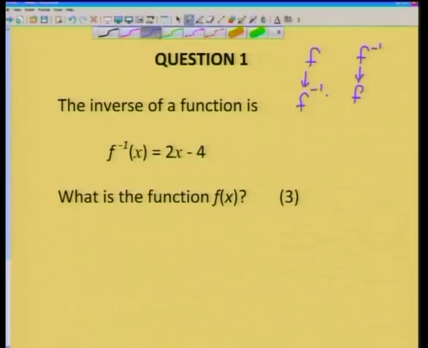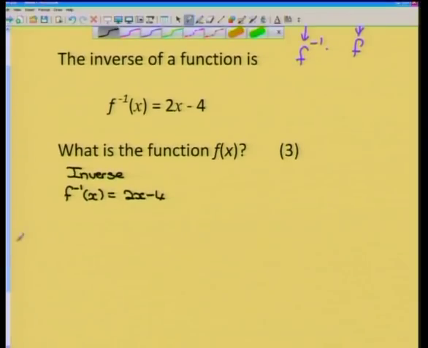Now what I would suggest you do is you work very clearly to help your examiner. So the inverse, f to the -1 of x, was 2x minus 4. So in simple terms, that would have been y equals 2x minus 4. Now, if I want the original, I know I must take this and I must interchange the x's and y's.